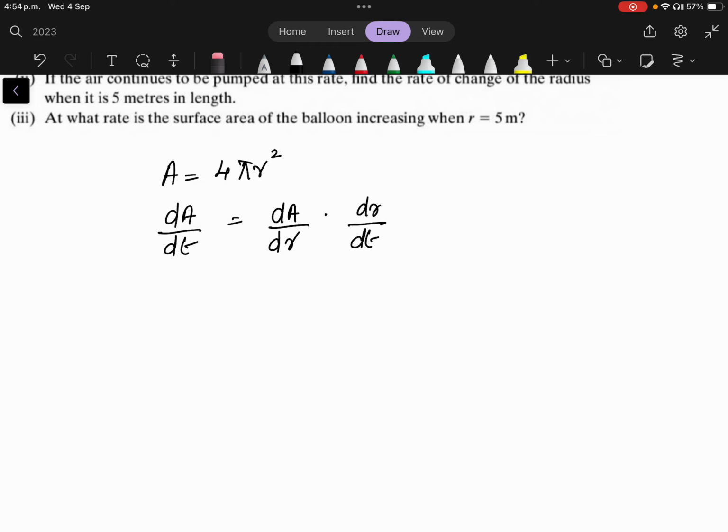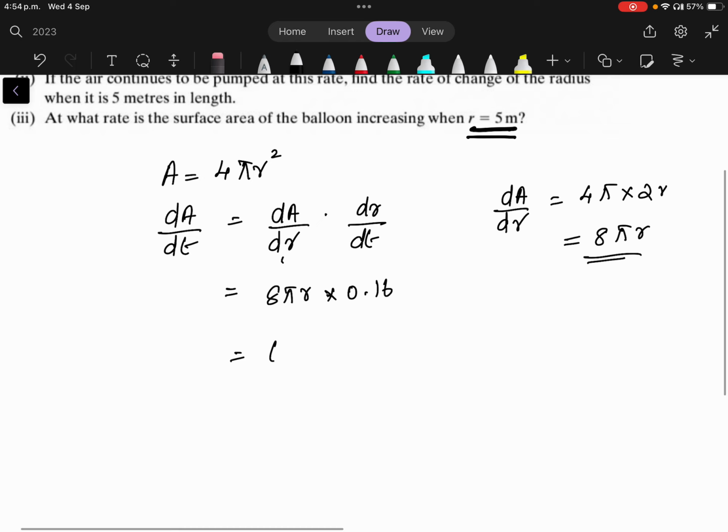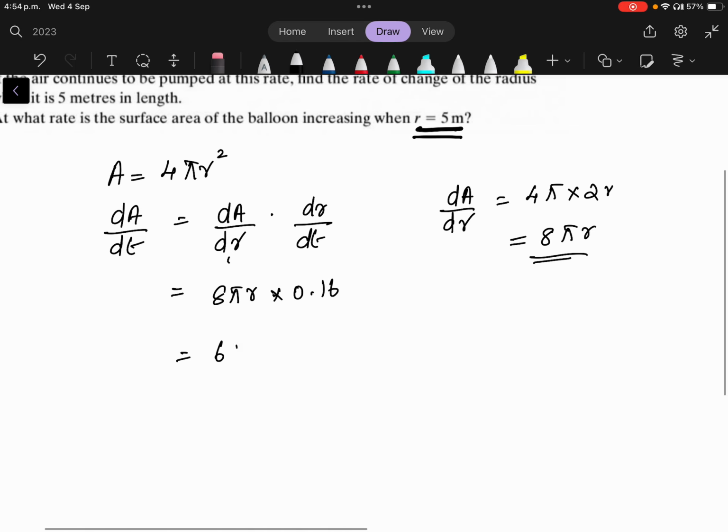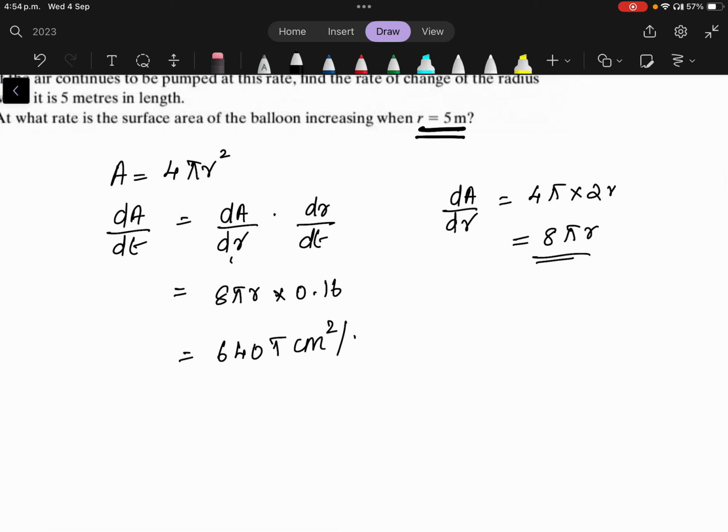You're introducing a new variable so that you can find out the calculation. dA by dr is 4 pi into 2r, which is equal to 8 pi r. Then you can write this as 8 pi r into dr by dt, which is 0.16, which we calculated before. Then you calculate it when r is equal to 5 meters, so 500 centimeter, and you will get 640 pi centimeter square per second.